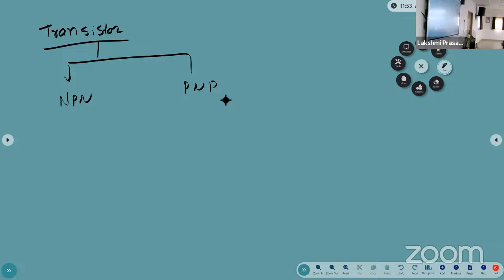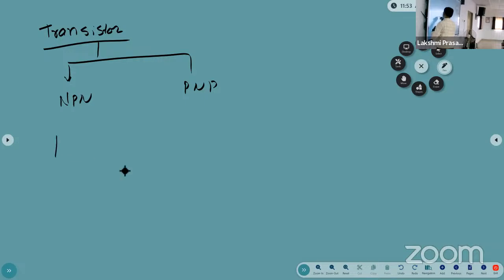The NPN transistor is defined as the p-type semiconductor sandwiched between 2 n-type semiconductors, and the n-type semiconductor sandwiched between 2 p-type semiconductors is called a PNP transistor. That is the definition of how we are forming the NPN and PNP transistors.